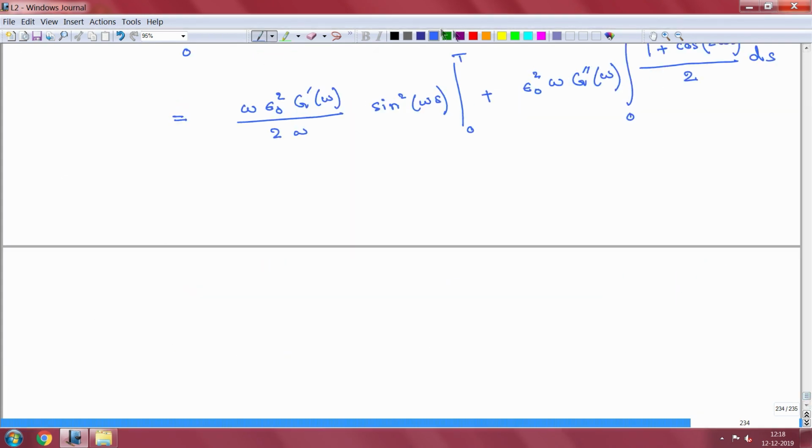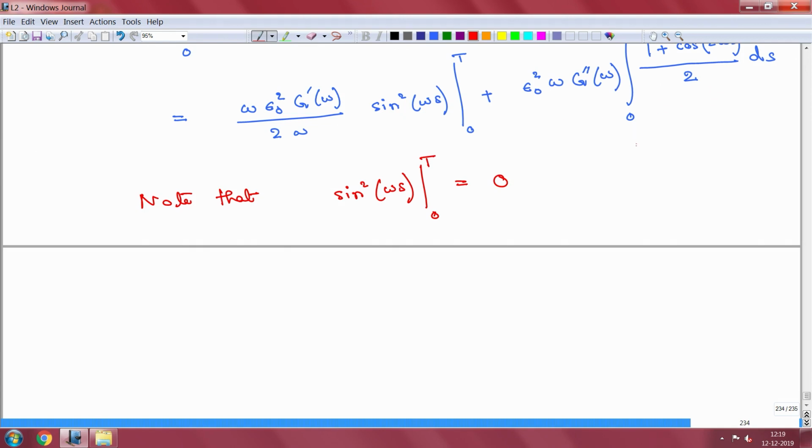Now, note that this particular function, if you go ahead and evaluate it over a time period, the answer comes out to be 0.